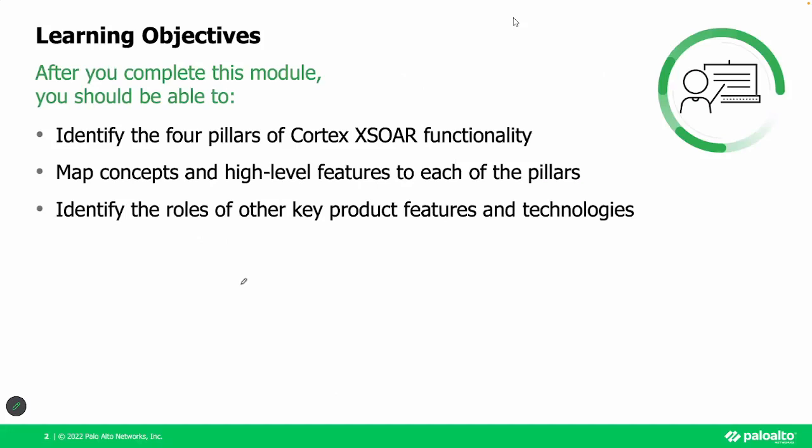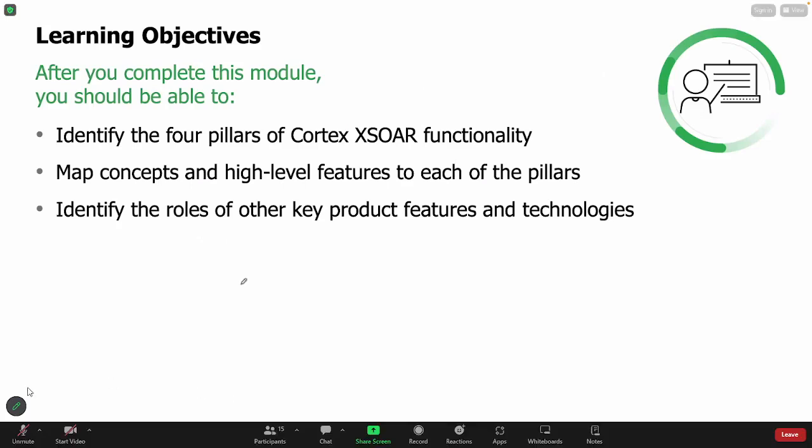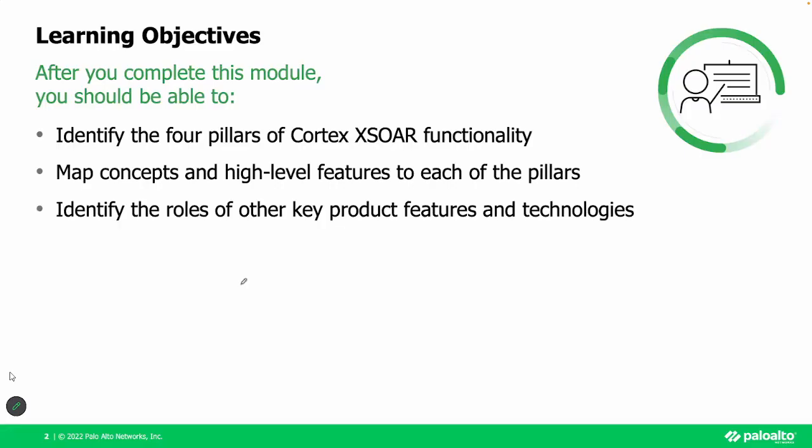So what will be the learning objectives regarding this course? Identify the four pillars of Cortex XSOAR functionality, map concepts and high-level features to each of them, identify the roles to other product features and technologies. So this is module number one, just an overview of what we are talking about right now.